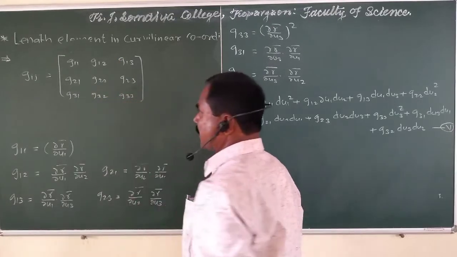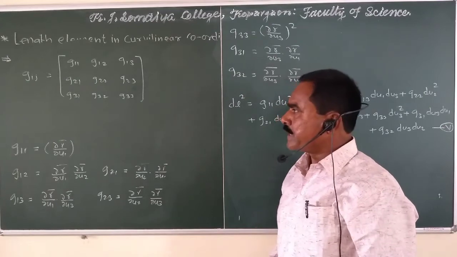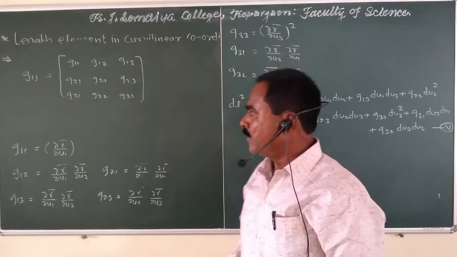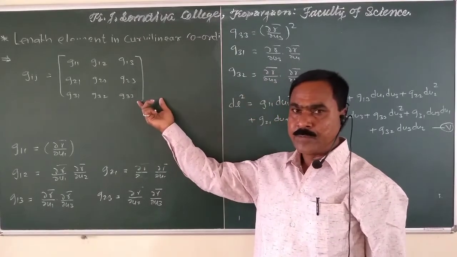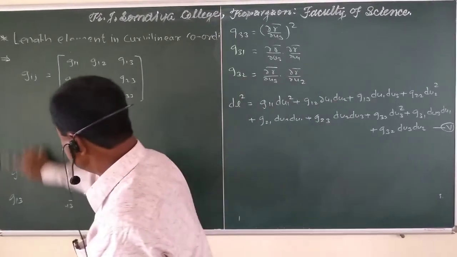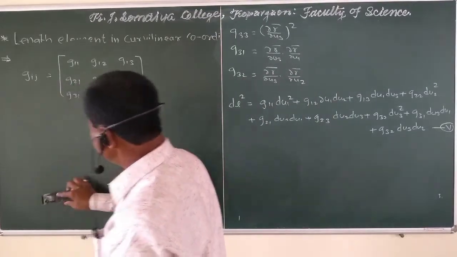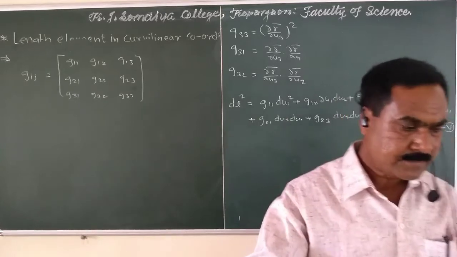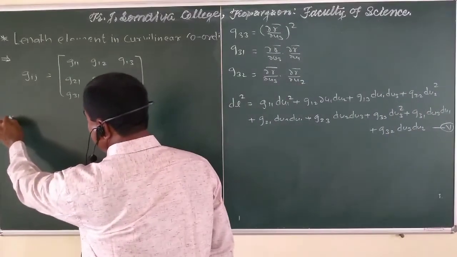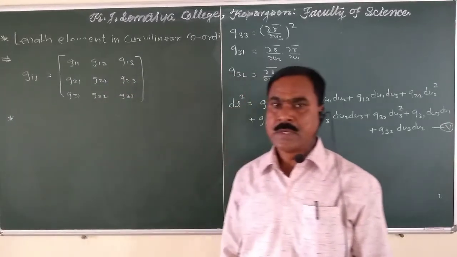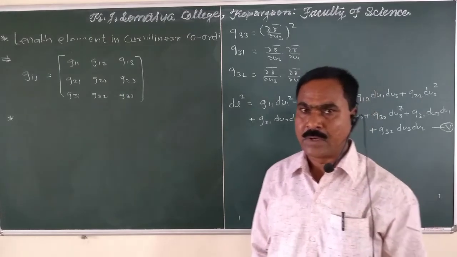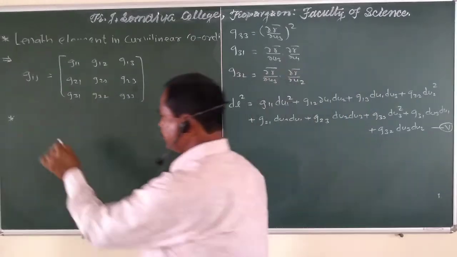So this is the representation of the metric coefficient in determinant form, or in the matrix form. So next we define the orthogonal curvilinear coordinate system, or orthogonal coordinate system.